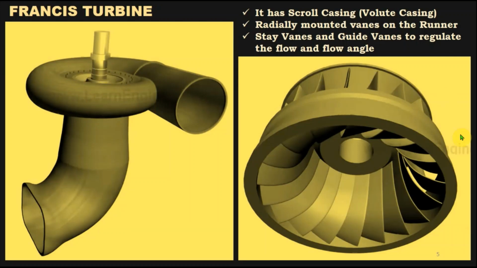This is essentially the runner of a Francis turbine, and here we have the radially mounted vanes on the runner. Unlike in the case of Pelton wheel, where the vanes are mounted on the periphery of the wheel, here the vanes are mounted radially on this runner. Only the runner vanes are rotating.